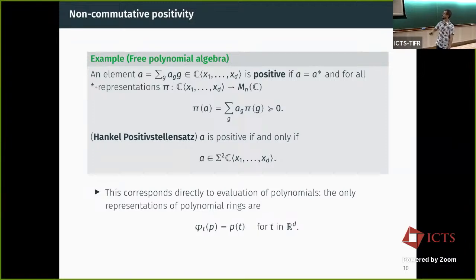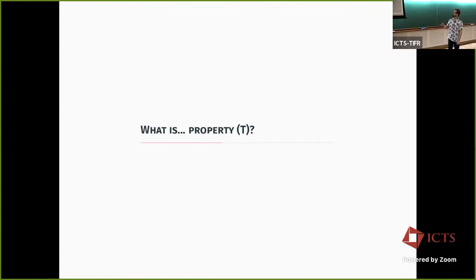All right, so this is what I said, that in polynomials there is this evaluation of polynomials, and evaluation of polynomials corresponds precisely to those one-dimensional representations when I want to evaluate my polynomial at a given point. All right, so finally, this brings me to the topic of what is property.